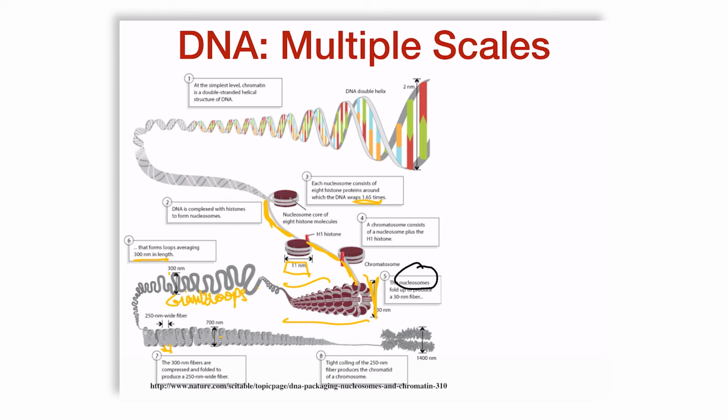So we went from 2 to 700 nanometers. Yeah? This is the form that we can potentially find chromatin in, finally of 1.4 micron diameter for the 2 arms of a chromosome in mammalian systems.